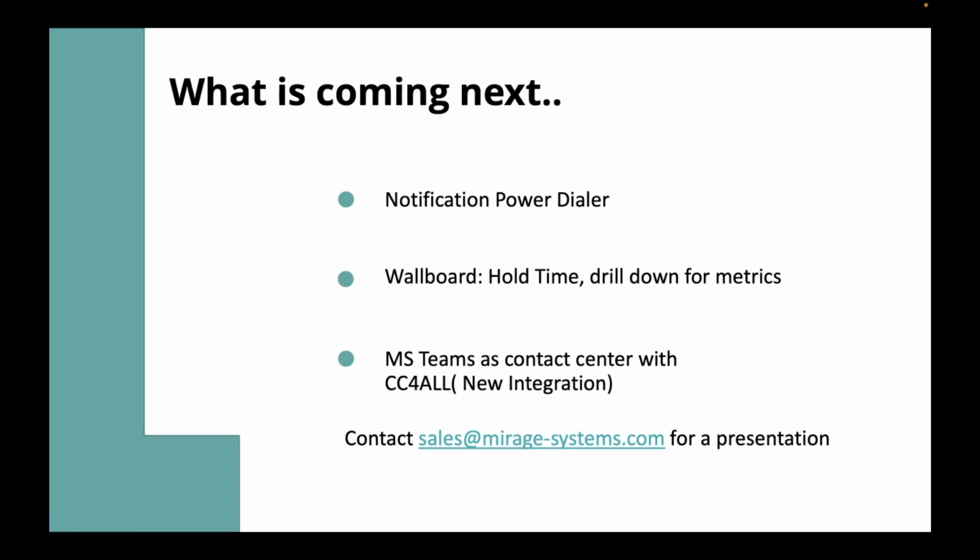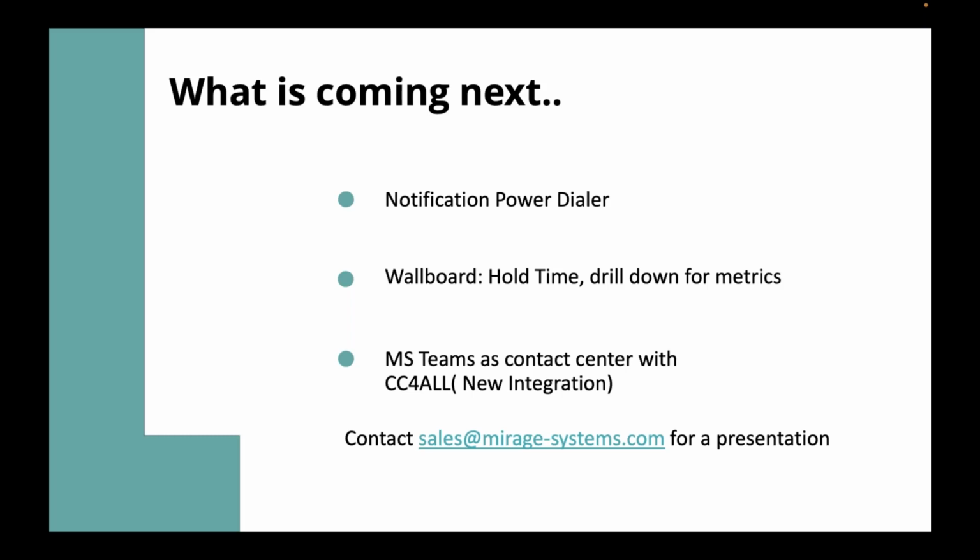So in the future, it will be possible to receive notification via the power dialer. So the notification informs you when the next call is due. So this will be one of the features in the future among the power dialer functionalities. After that, the Wallboard will show the ring time also. So this means another piece of information during the calls.